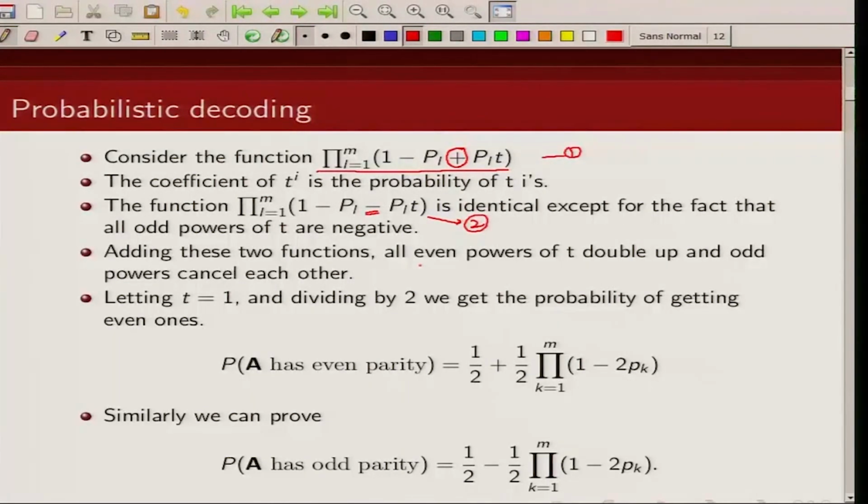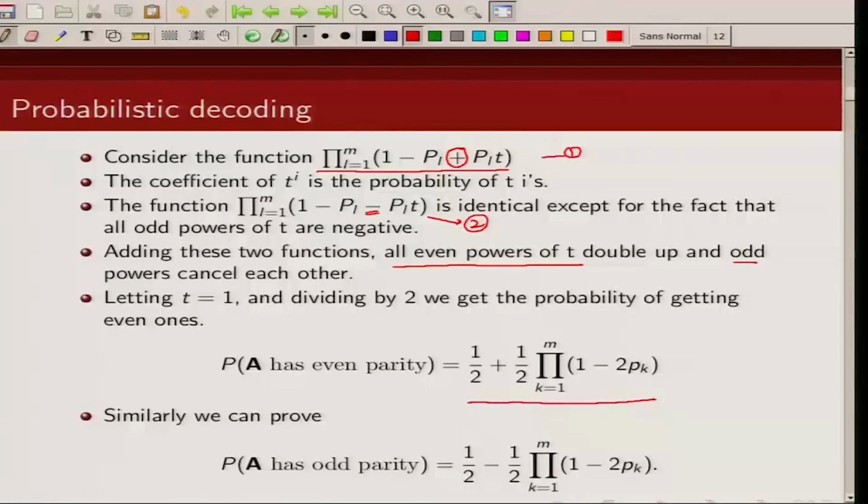What we will be left with is even powers of t which are doubled up, and odd powers have cancelled out. Now, if we put t equal to 1 and divide by 2, we will get essentially the probability that A has even parity, because we are left with only even powers of t.